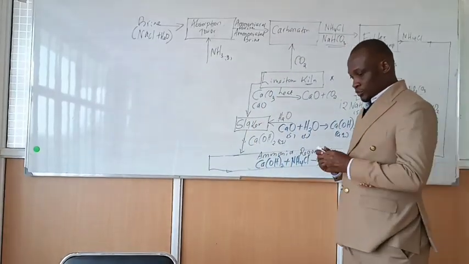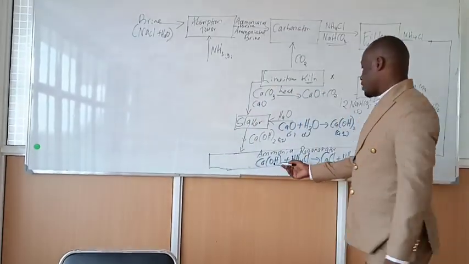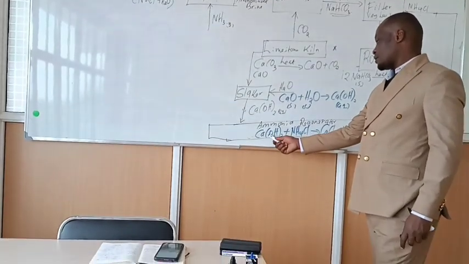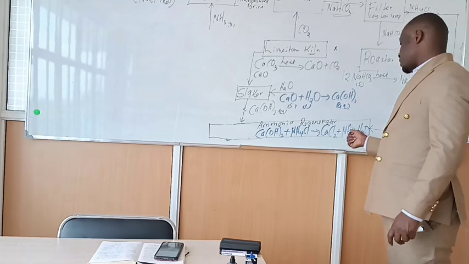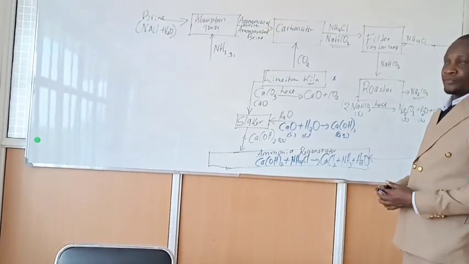So slaked lime plus ammonium chloride gives you the three products.